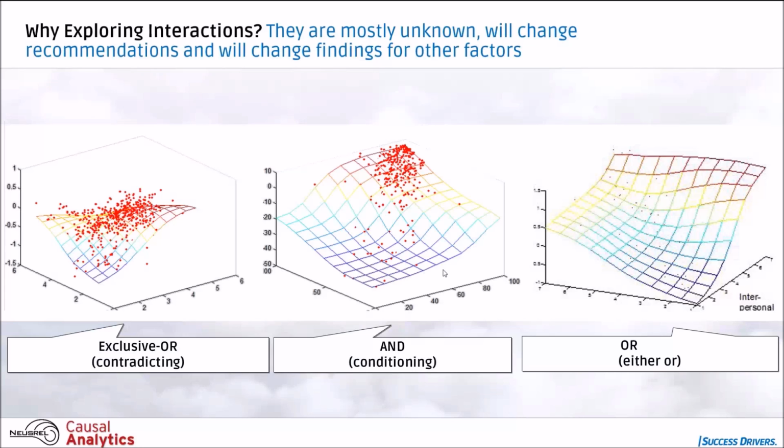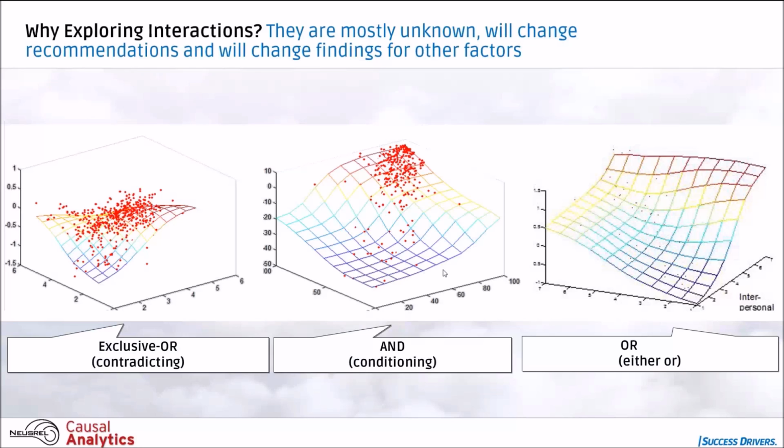The OR relationship on the right, which basically tells you that a success factor has only impact if another success factor is low. Either the one or the other, both together, is not very efficient.